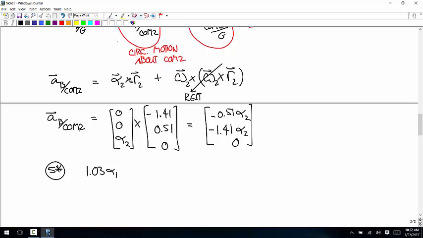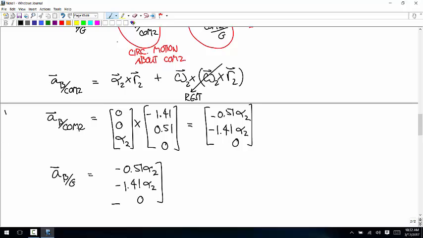Oh, shoot. No, erase that. So this is the acceleration of B relative to the center of mass. We're not done yet. Acceleration of B relative to the ground is what we want. And that's equal to negative 0.51 alpha 2, negative 1.41 alpha 2, 0, plus A2 x, y, 0.